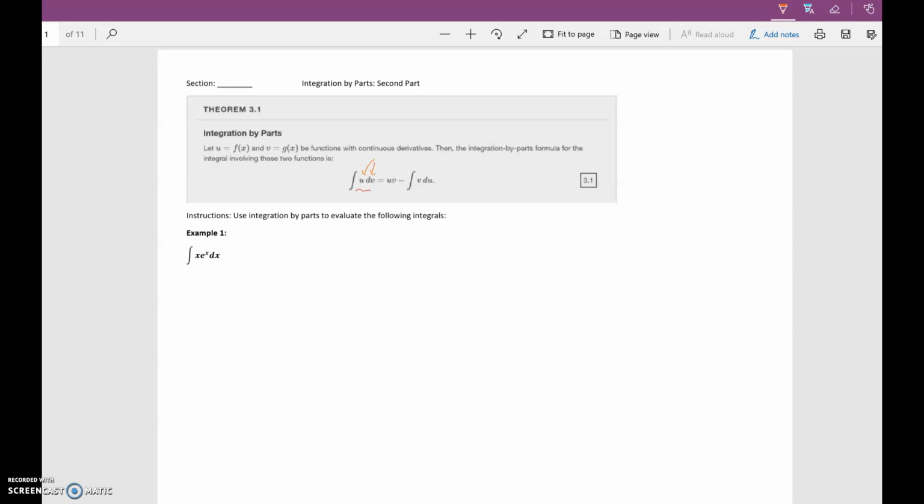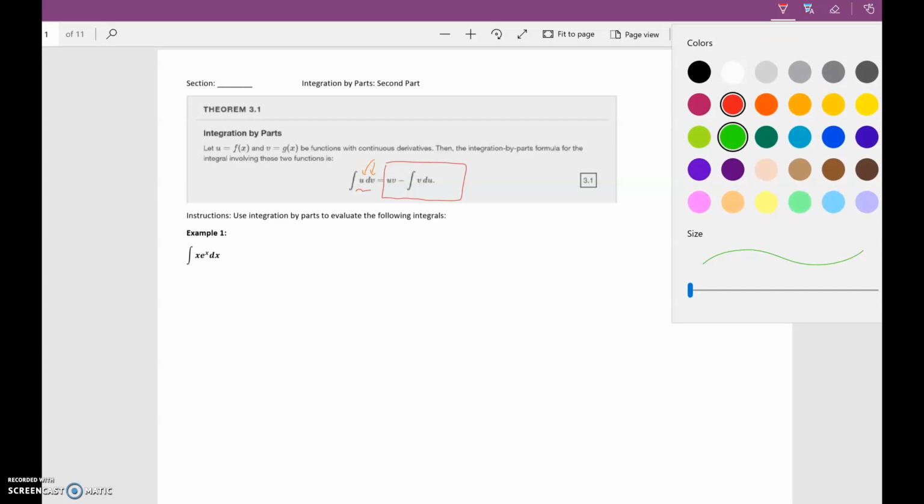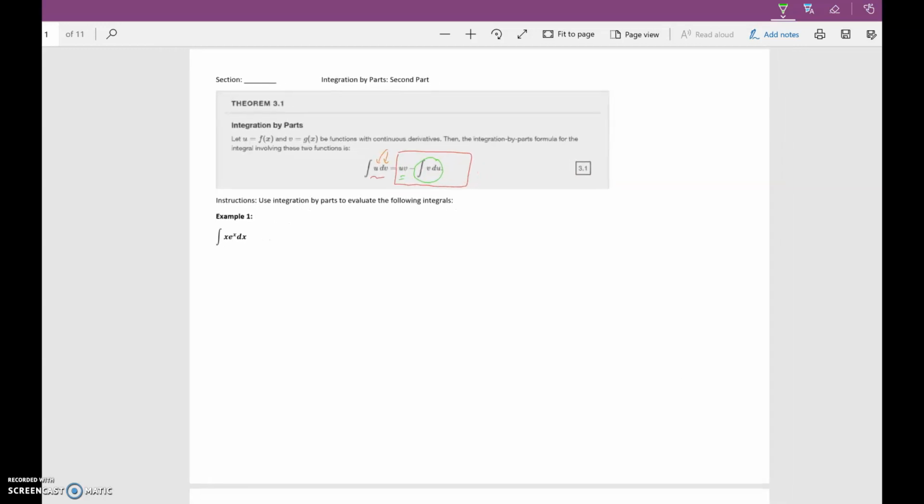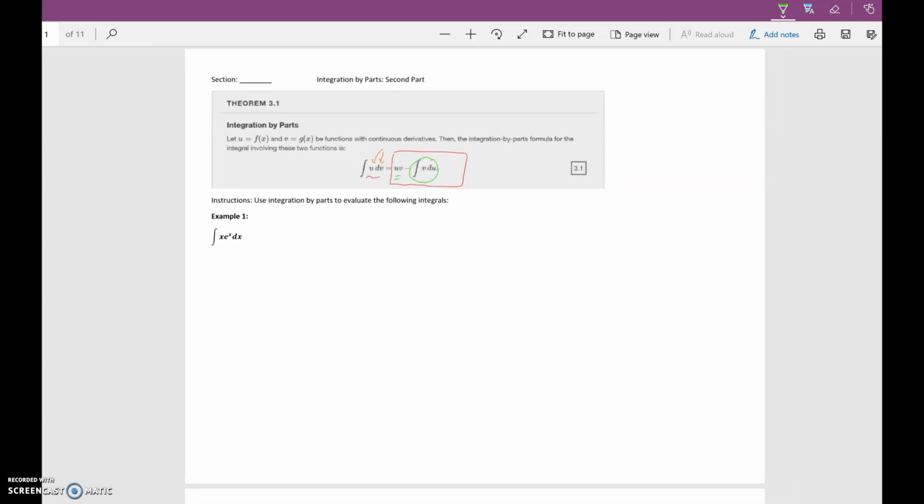The idea is we're applying this formula with the main objective that once you apply it, two parts of the integral, those two functions, are going to be left out of the integral, and the part that you have as v du is actually going to be in lowest terms.